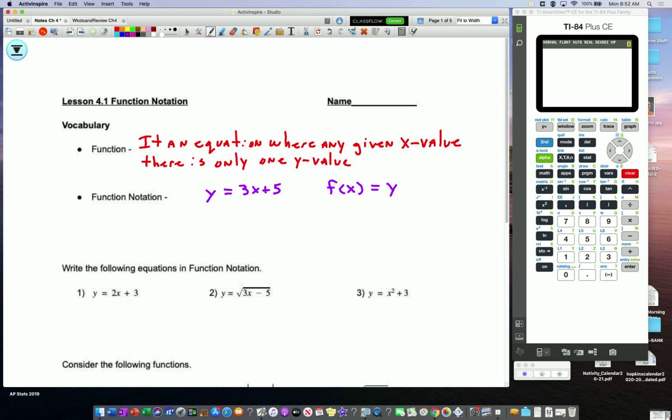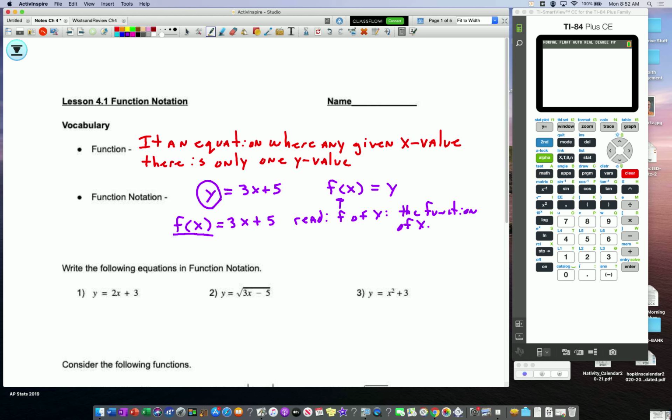We read this as f of x, and sometimes we say it as "the function of x." All we're doing is replacing the y value with f of x, so we say f of x equals 3x plus 5. This becomes our function notation.